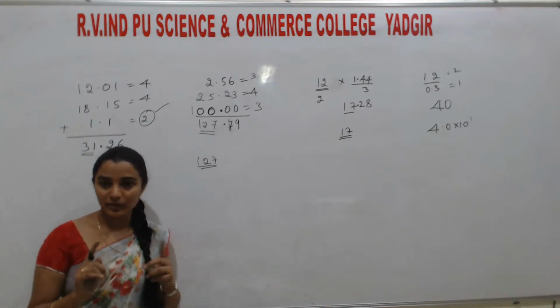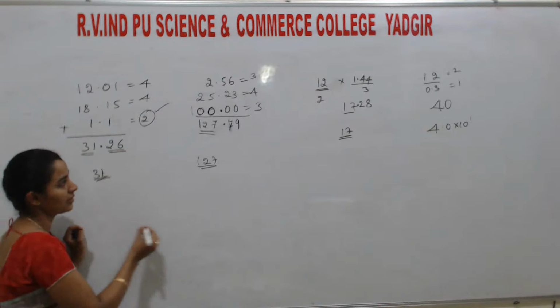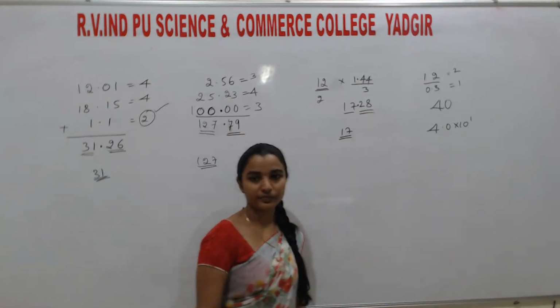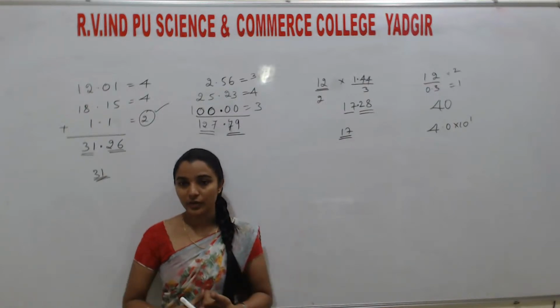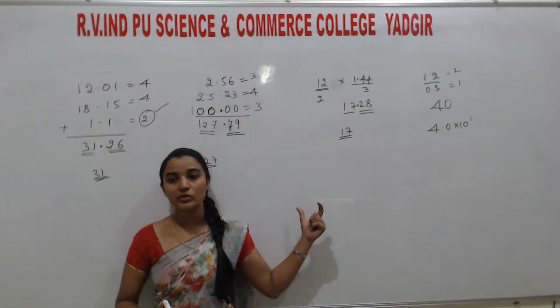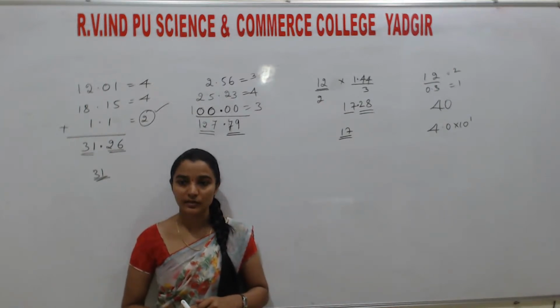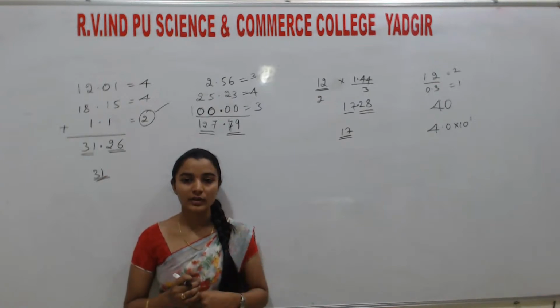They should resemble the significant figures. So students, remember here 26 is there, here 79 is there, here 28 is there. Okay? So if such values are there, then rounding up of the significant figures takes place. Understand? Rounding up of significant figures takes place.